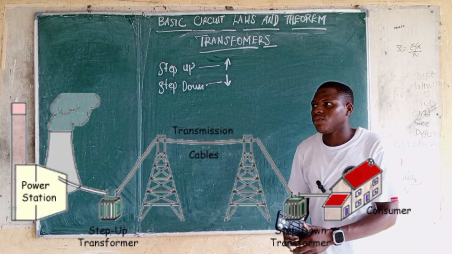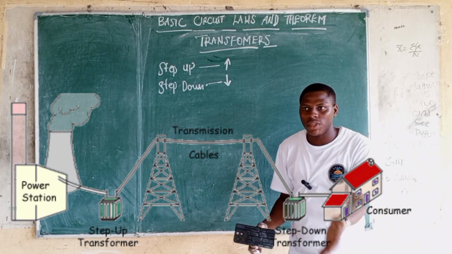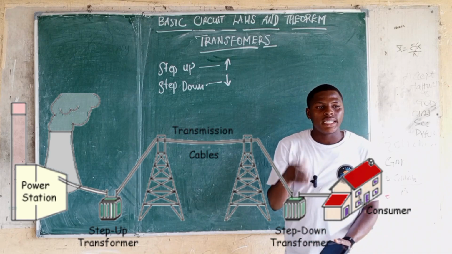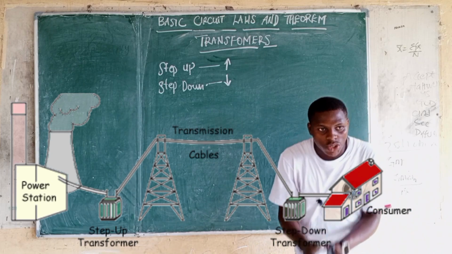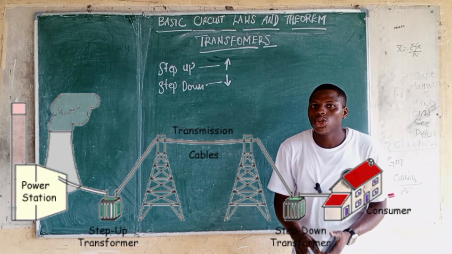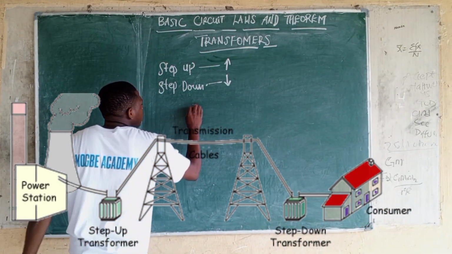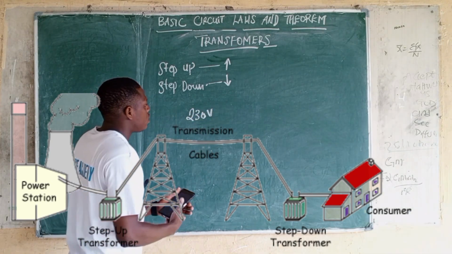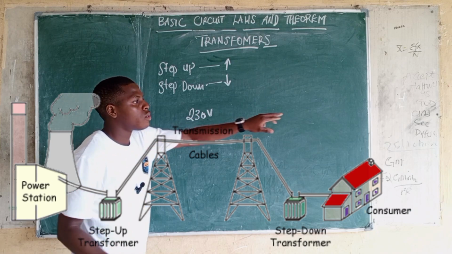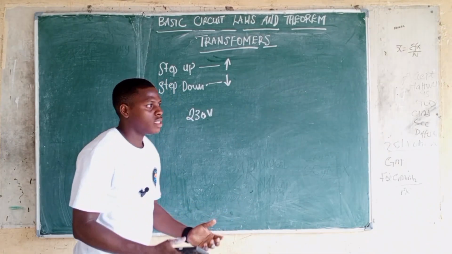That maximum voltage is sent across through transmission lines down to our communities, where we have the step-down transformers. The step-down transformers reduce the voltage to 230 volts. Now, this 230 volts is sent across to our homes, where we see the electricity.